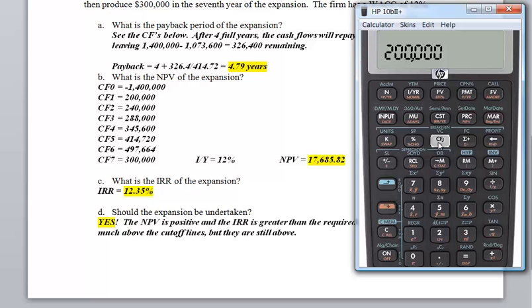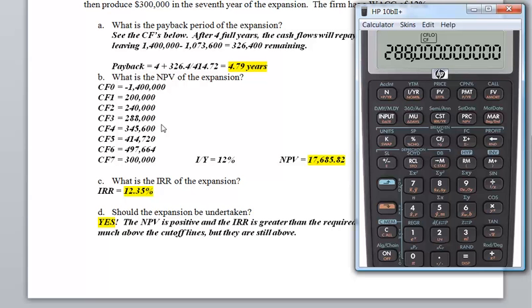So you're just going to type in 200,000 CFJ. And then 240,000 CFJ. 288,000 CFJ. And that should be cash flow 3. Kind of check. We're good.